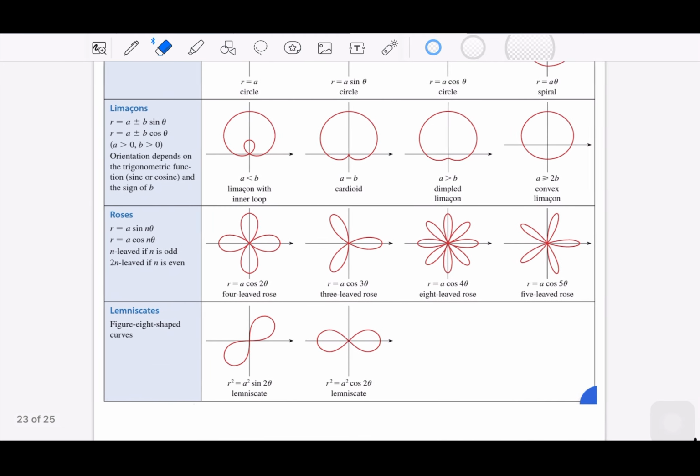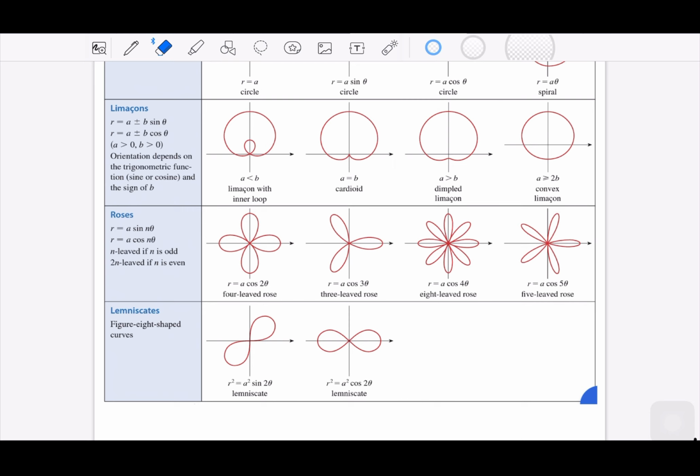The last part is what we call the lemniscate of Bernoulli. There is not much information about it, aside from when you have r squared equals a squared sine 2 theta, you will have an infinity-like symbol, like that. And the counterpart is just changing sine into cosine, and it's going to be horizontal.